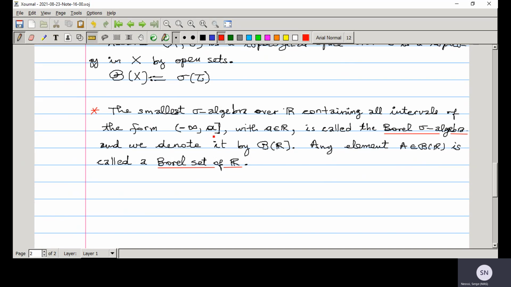Meaning that if I have an open interval, which is an element of BR, its complement, which is a closed set for the topology, will be an element of the sigma algebra. So the Borel sets are not only open sets, they are open sets, closed sets, sets open at one end and closed at the other end, and so forth.